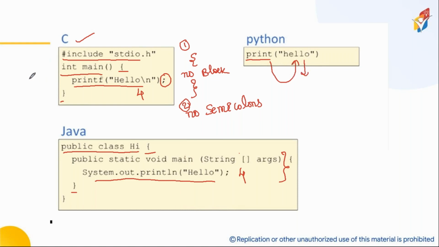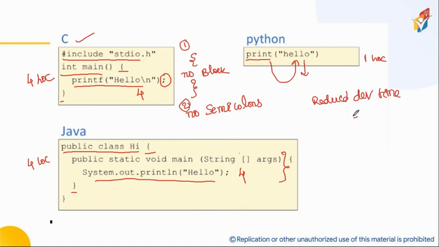Now, if you take C language, it is taking 4 LOC. If you take Java also, it is taking another 4 LOC. LOC stands for lines of code. If you take Python, how many lines of code is it taking? Only 1 LOC. So yesterday I told you that if you use Python, you reduce the development time. Now will you agree?